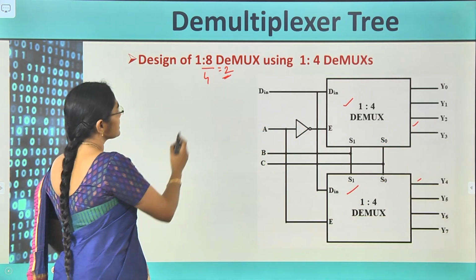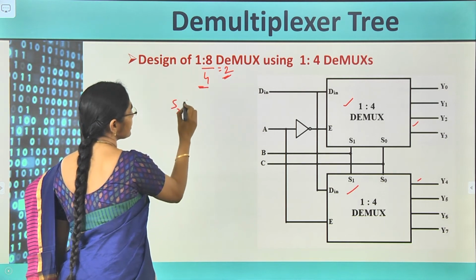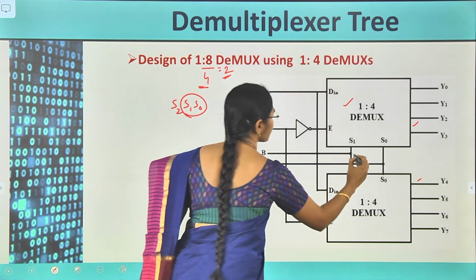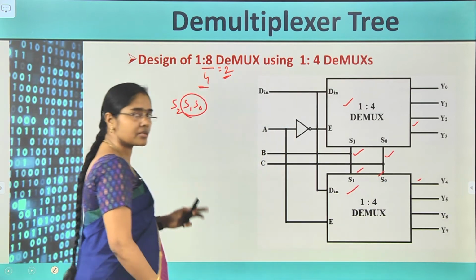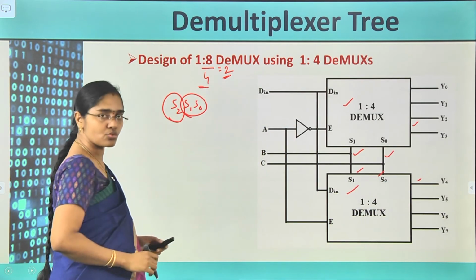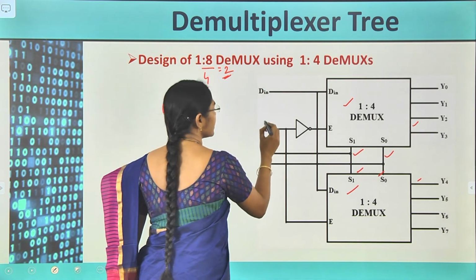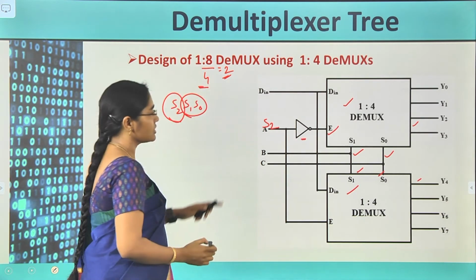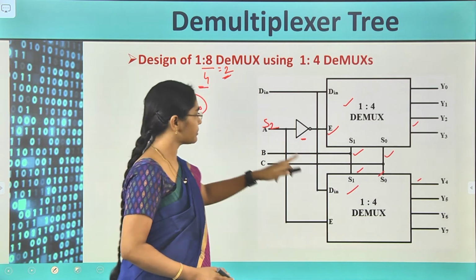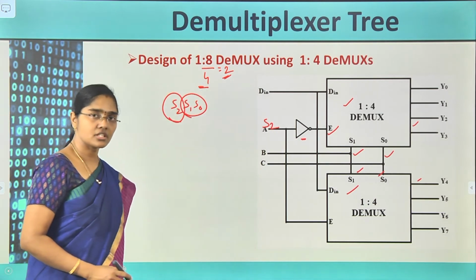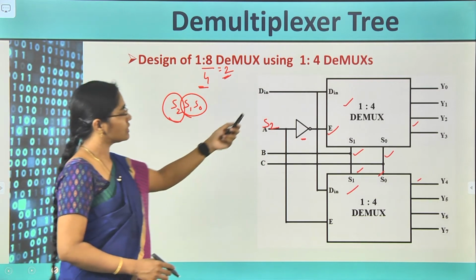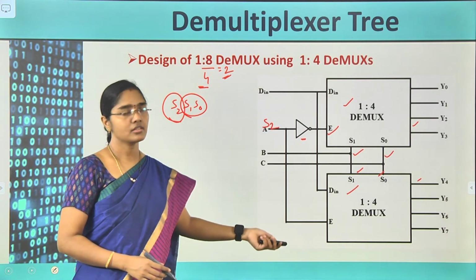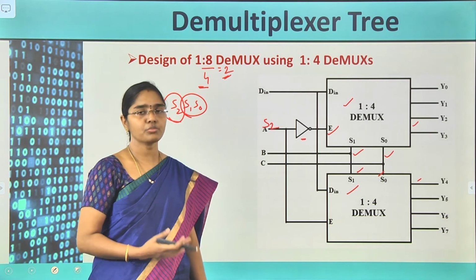There are 3 selection lines, and out of these 3, the first 2 are used as the selection lines for the 1:4 demultiplexers, and the third signal, S2, is used as the enable signal, with an inverter and without an inverter. Without the inverter it is connected to the second demultiplexer, and with the inverter it is connected to the first demultiplexer. Okay, so this is the design of a 1:8 demultiplexer using 1:4 demultiplexers, and we have seen this design. I hope you understood this design.